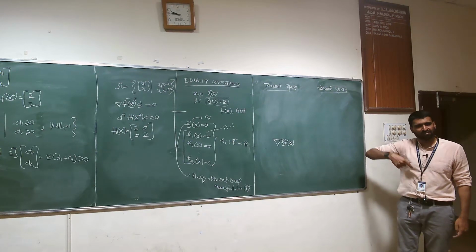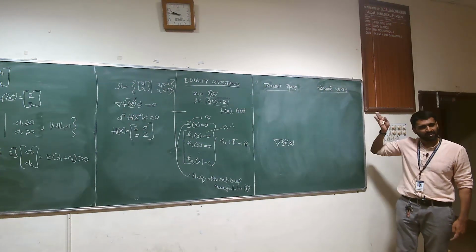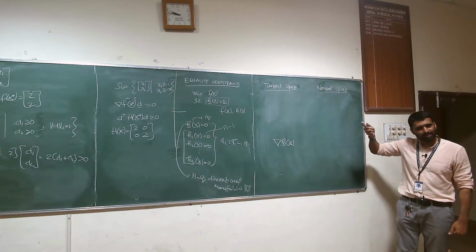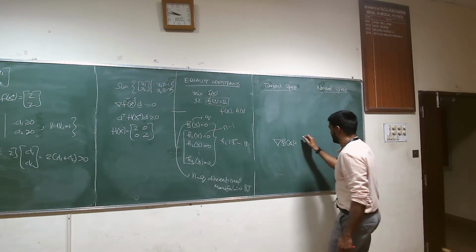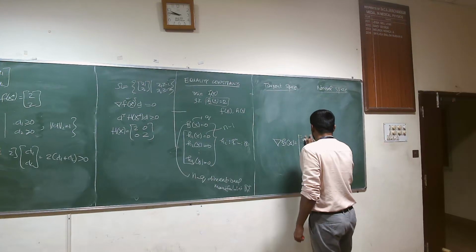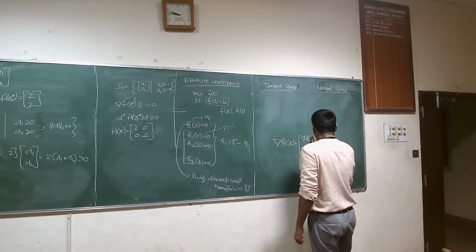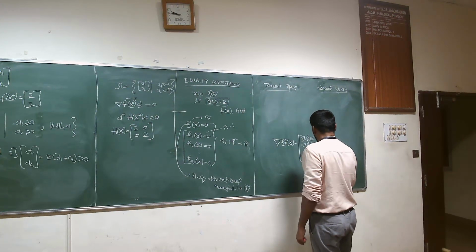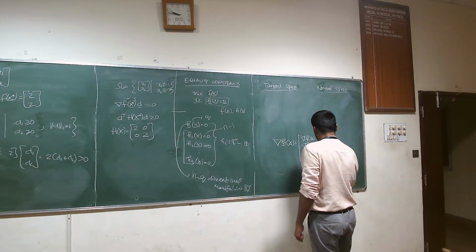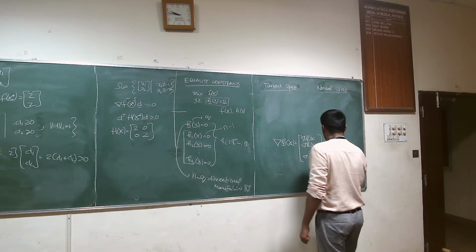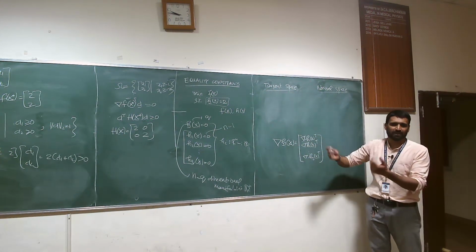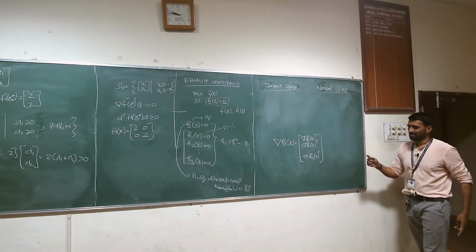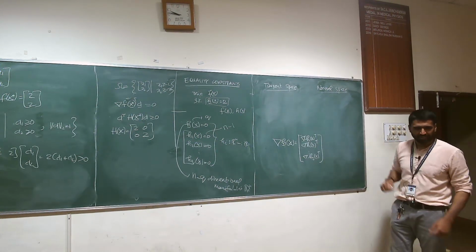You remember if you had a vector of functions mapping from Rn to R, and you take the gradient of that, this would simply be the gradient of h1 of x, h2 of x, and I'll put a transpose here. Let's assume we're taking the gradient with respect to the appropriate vector, row vector or column vector, to get this.